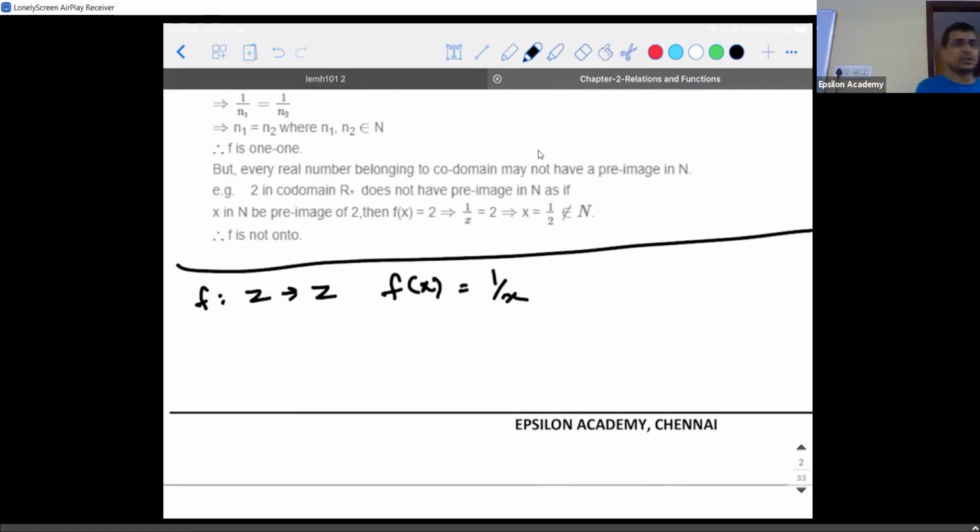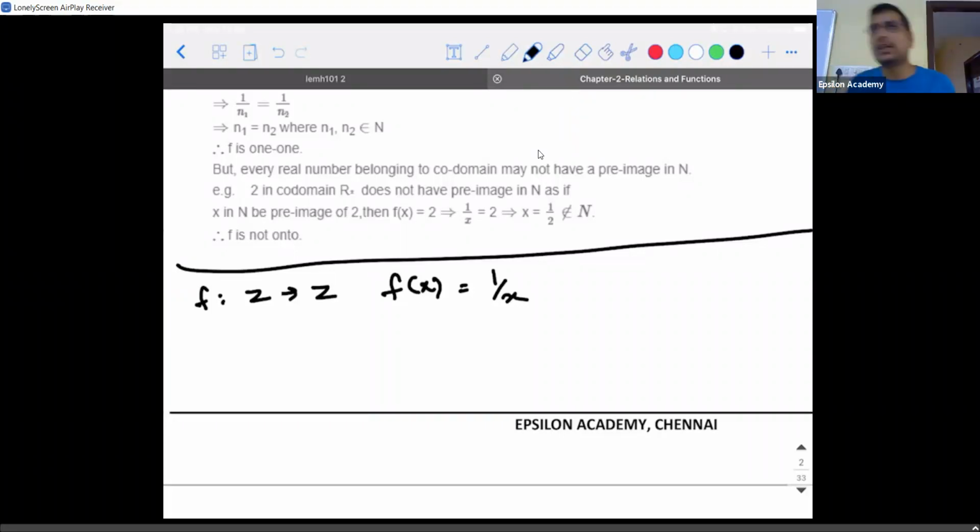First of all, Z to Z is a question, right? Correct? There is a small correction. I should write Z minus 0. Correct? Integer 0 is existing. Can I substitute 0 in this place? In the place of x, I substitute 0, I will not get a finite output. Right?